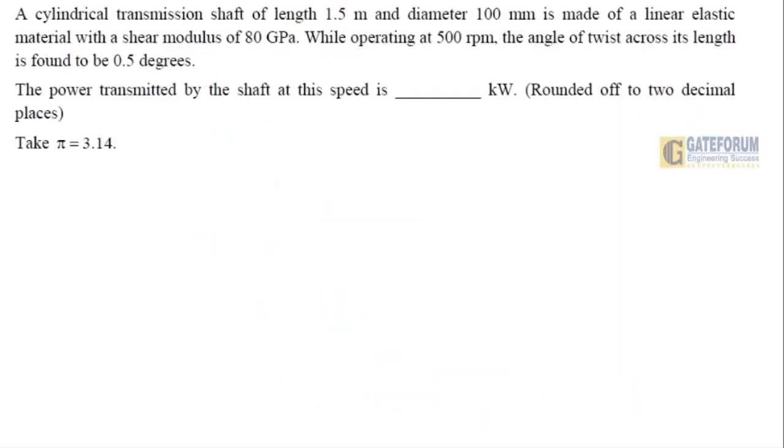The cylindrical transmission shaft of length 1.5 meter, diameter 100 mm is made of linear elastic material with a shear modulus of 80 gigapascal. While operating at 500 rpm, the angle of twist across its length is found to be 0.5 degree. Power transmitted by the shaft at this speed is dash kilowatt.